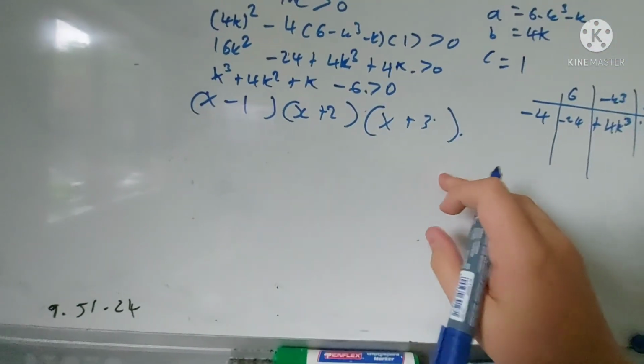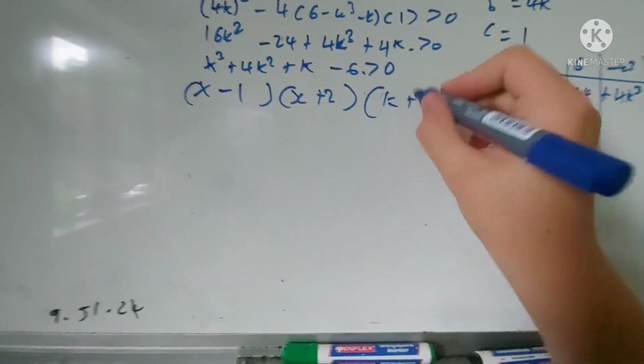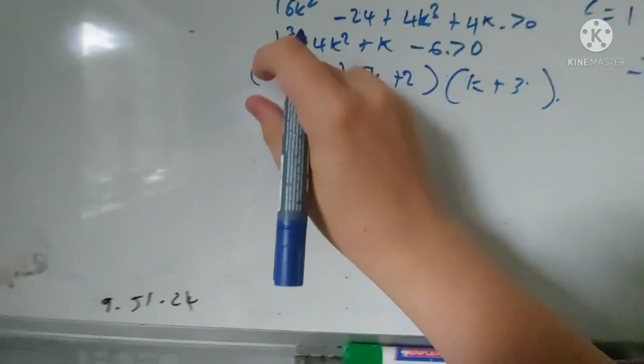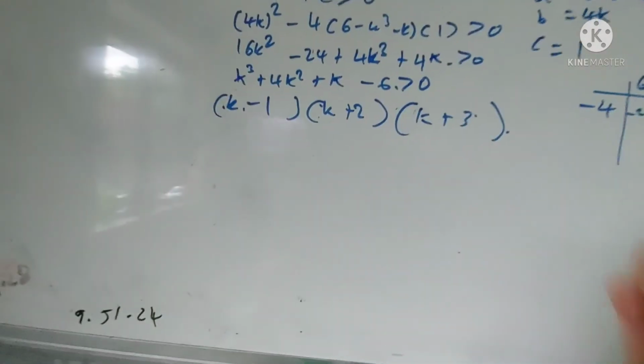You can expand that, but instead of putting x, I am going to put k, to make sure I'm not finding the values of x, I'm finding the values of k.